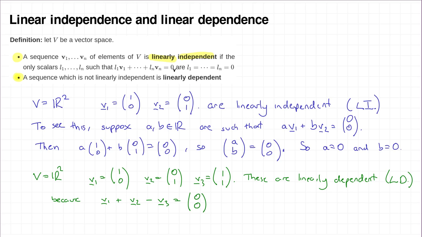So there is a linear combination of v1 and v2 and v3, which is equal to the 0 vector, and where the coefficients in that linear combination, the scalars, are not all 0, right? The scalars are 1, 1 and minus 1, so actually none of them were 0. So these things are linearly dependent.